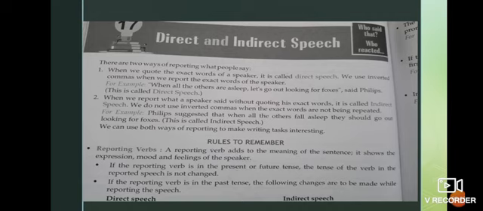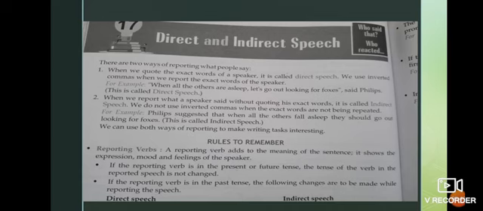"When all the others are asleep, let's go out looking for foxes," said Phillips. Now in this, from "when" till "foxes", these are the exact words said by Phillips, and that's why these words are written in double inverted commas. So direct speech is always written in inverted commas.